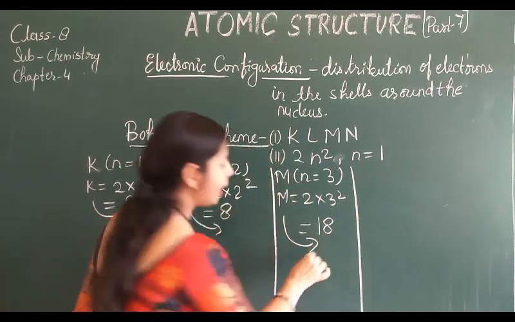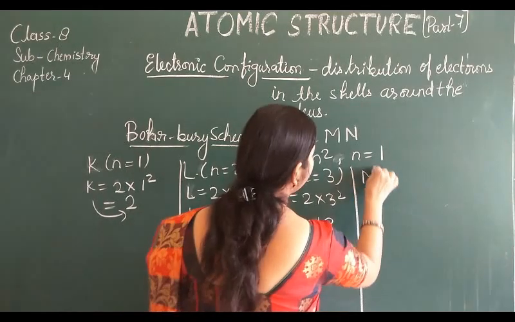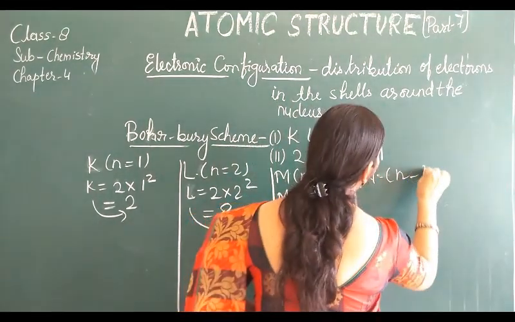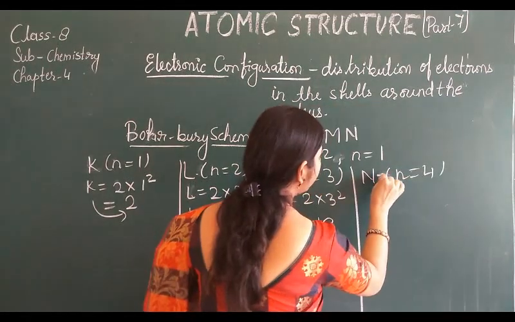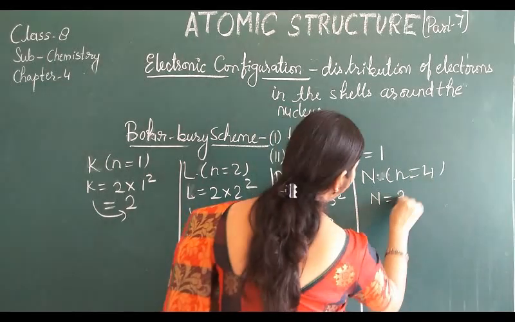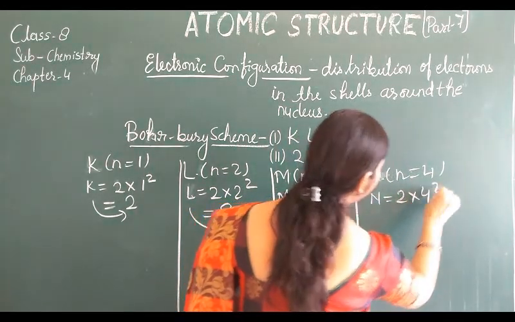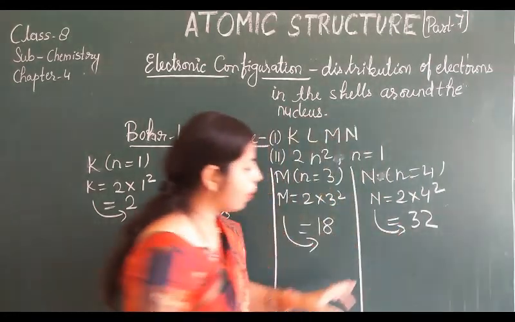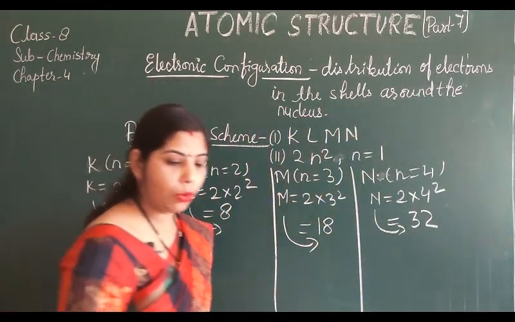M can accommodate 18 electrons, and the last shell N where n is equal to 4. So as per the 2n square rule, 2 into 4 square, 4 square is 16, that means 32 electrons. So N can accommodate 32 electrons.